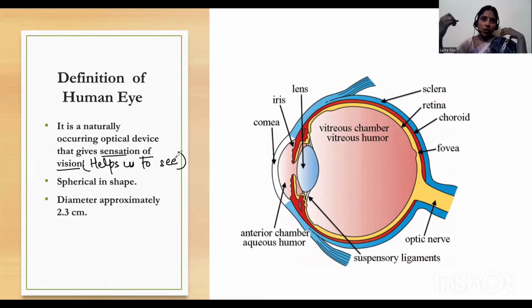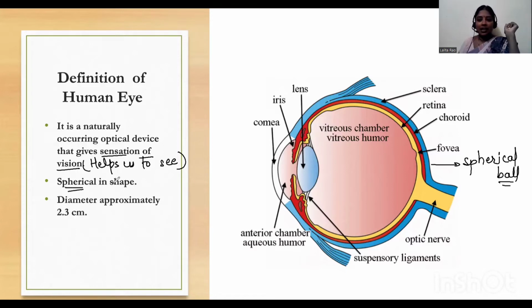We are able to enjoy the beauty of nature because of this natural gift which is the human eye. Now, what is the shape of this eye? Can't you see? Yes, it's looking like a sphere, like a spherical ball, right? So the shape of the human eye is spherical, like a ball.